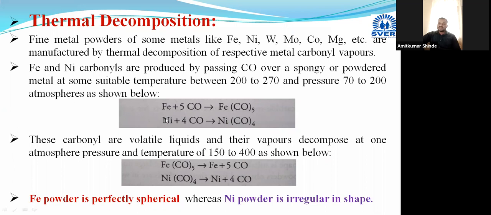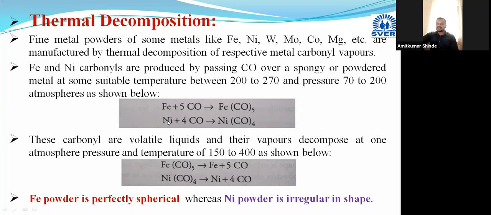Now, this nickel metal, we are going to convert into its nickel carbonyl by passing carbon monoxide over it. Okay, initially this nickel metal can be taken in the form of powders, which is manufactured by mechanical processes, and on that we are doing this further processing.